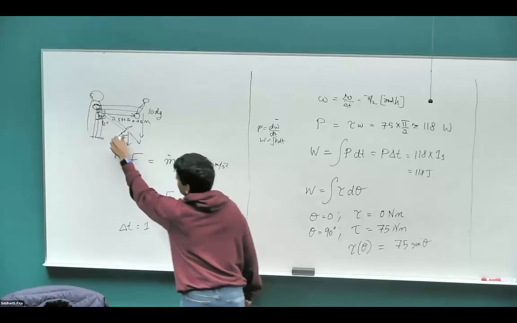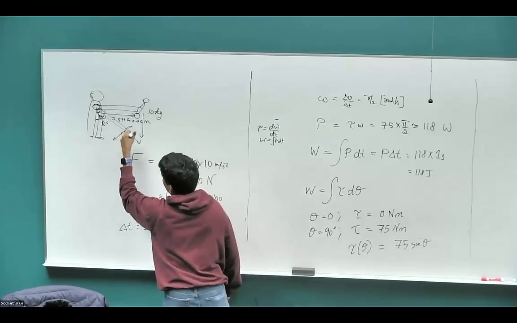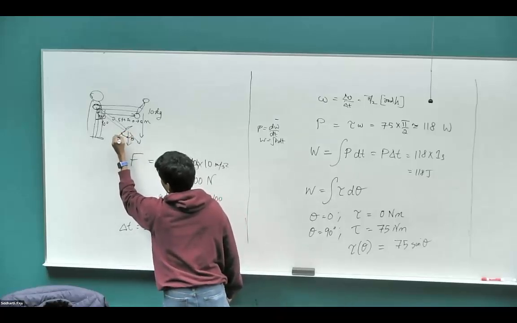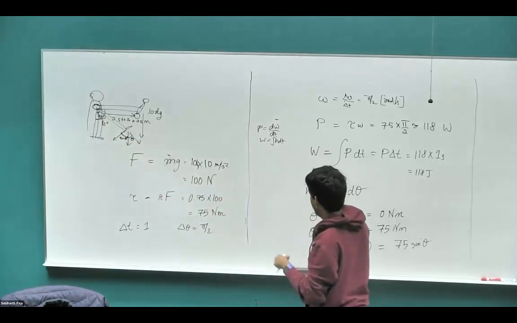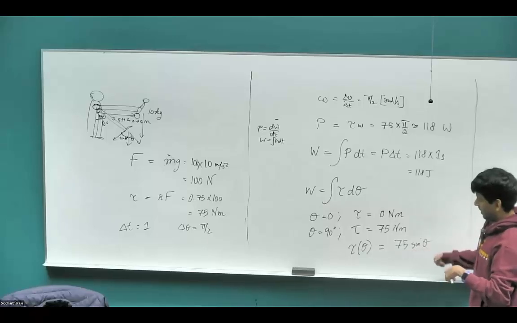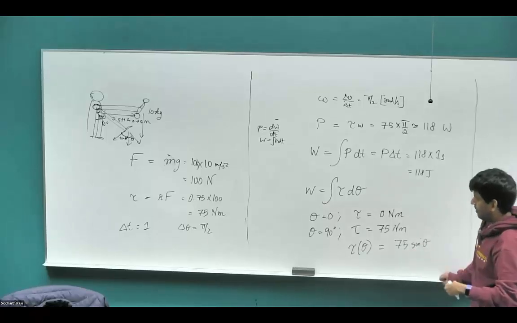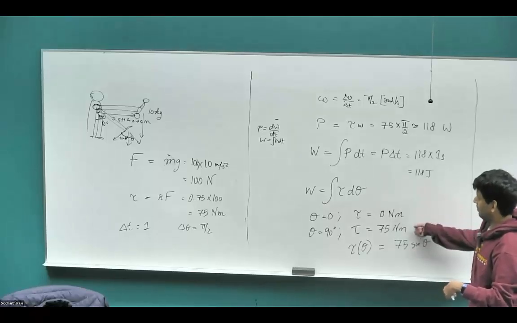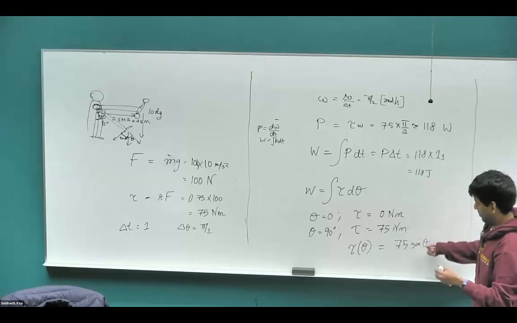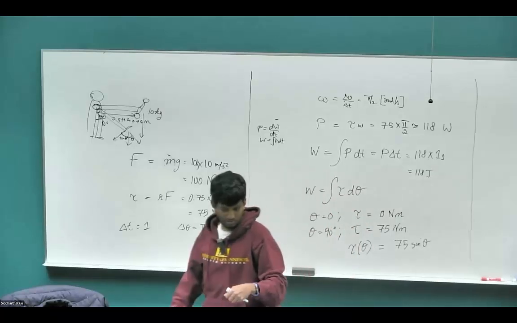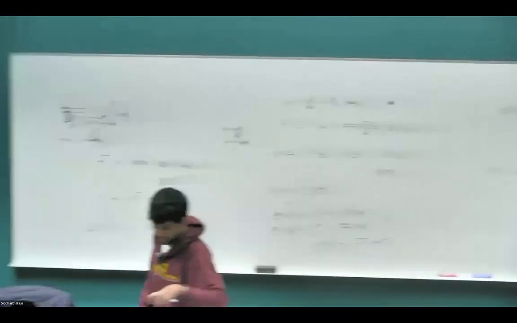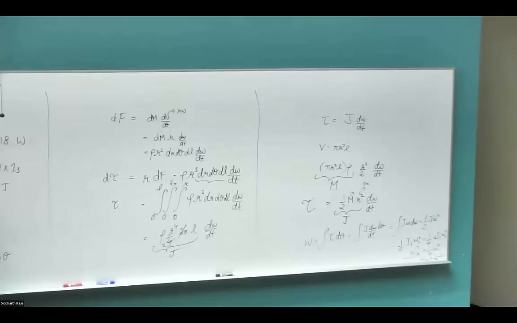Oh, sorry, 90 minus theta. So the projection of that is going to be cos of 90 minus theta, which is sine of theta. You don't even have to look at the geometry. If at 0 you want 0, and at 90 you want the peak, there's only one function that can give you that curve. And we know this is all trigonometric in nature, so you can make a very good educated guess that that's what it's going to be.